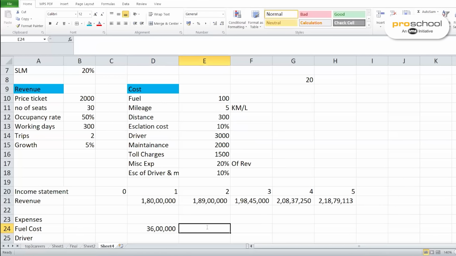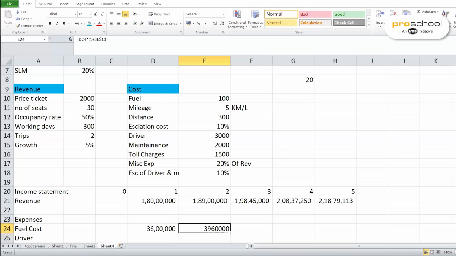Now next year fuel cost shall be the previous year cost into the same formula, bracket start 1 plus my escalation. So the same formula I am using. Now escalation is 10%, but it will remain same for the 5 years. So I have to freeze it.